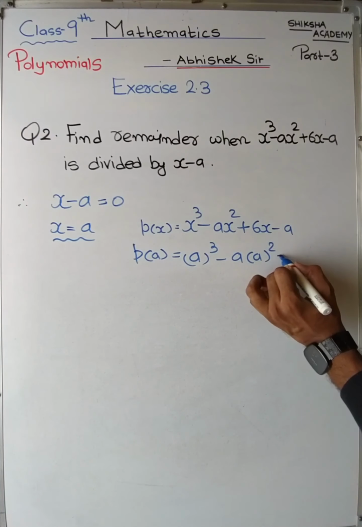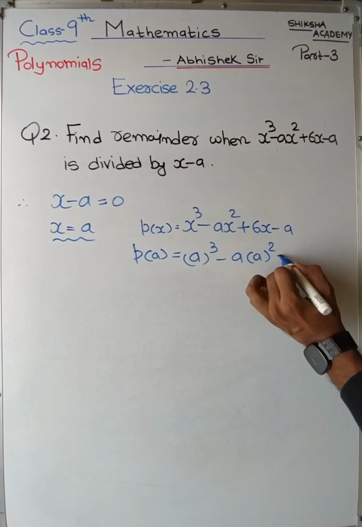You don't have to be confused between a and x square, it is the same. a cube minus a into a square is a cube, 6 into a is 6a, minus a will be repeated. This term is cancelled, so finally we have 6a minus a, that is 5a.